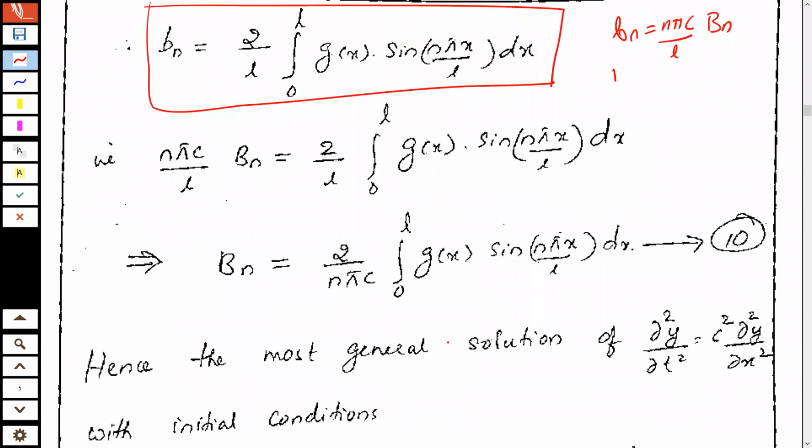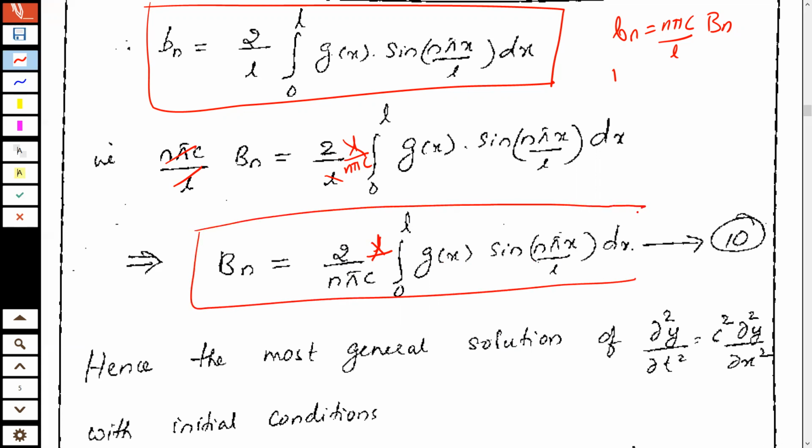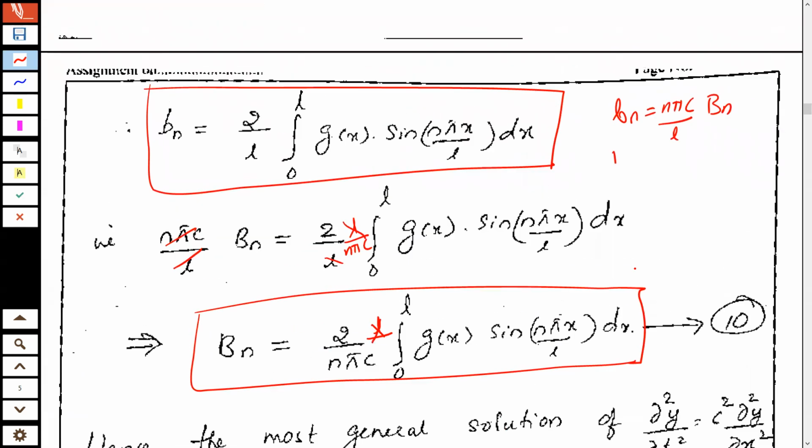Therefore, Bn is given by cross multiplying the right hand side by L by n pi c. L will be cancelled and it will reduce to 2 by n pi c into integral 0 to L g of x into sin n pi x by L dx. That is, we have got the equation to evaluate capital Bn also.